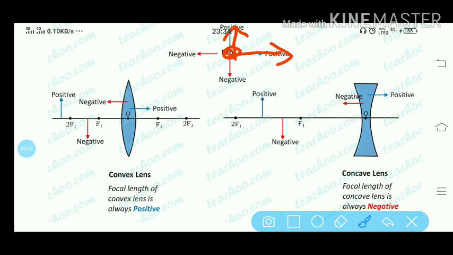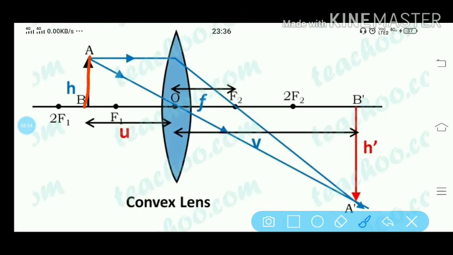If we are measuring just opposite to the direction of the incident ray, any distance will be negative. If we are measuring down below the principal axis, any distance, that is the height of the image, will be negative.